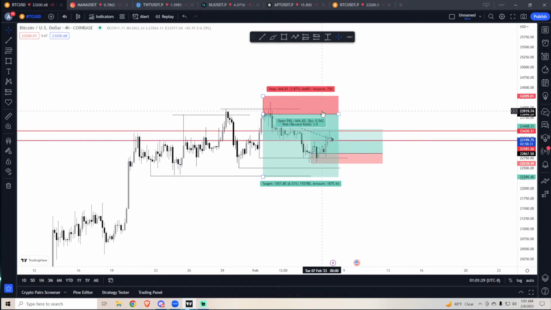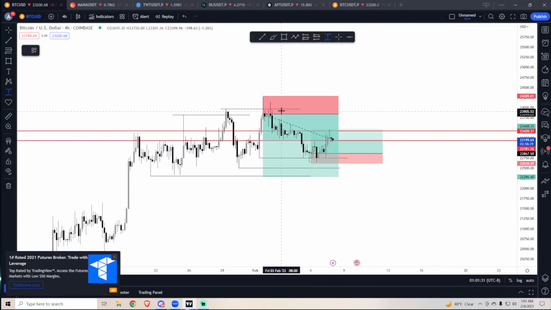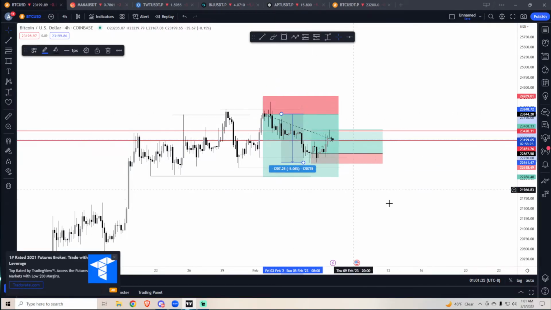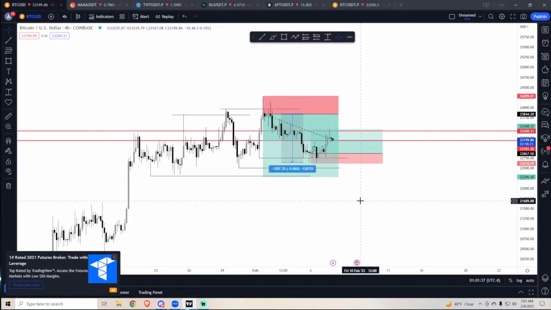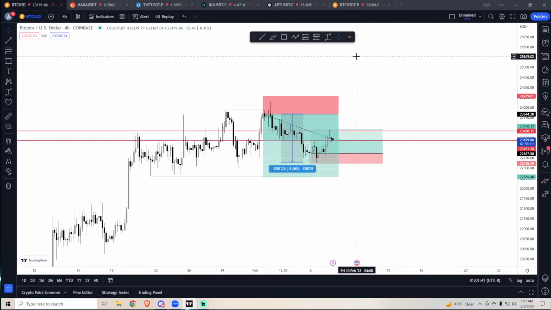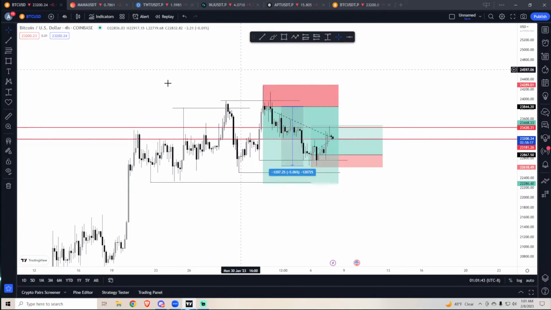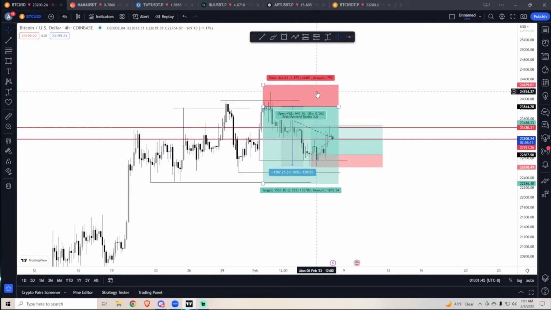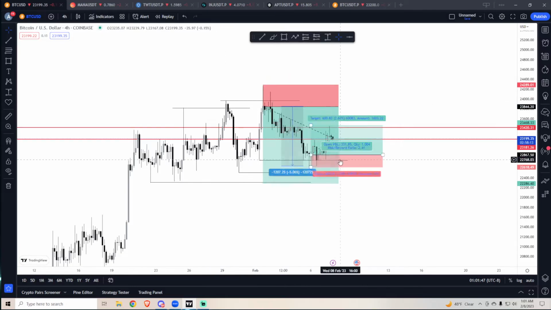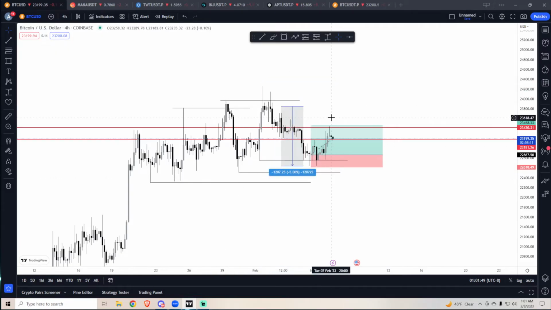But it's almost a 2% risk, and if you had done so from that entry, you would have gotten a 5% move down. So that's how you play the swing failure on the upside and the swing failure on the low side.